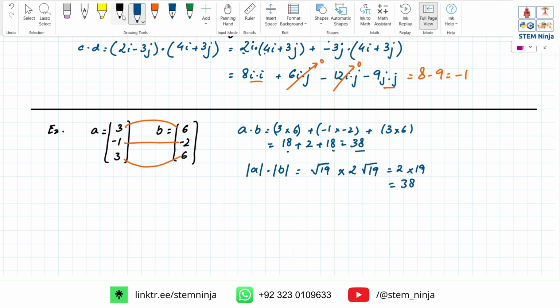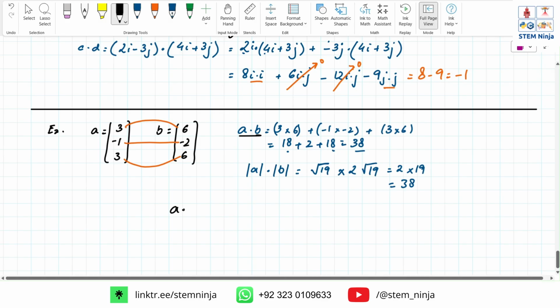But what does this show us? That the dot product is actually related to the magnitudes of the vectors. How? The derivation is not important, but a dot b is related to the magnitude of a, the magnitude of b, and cos of theta.